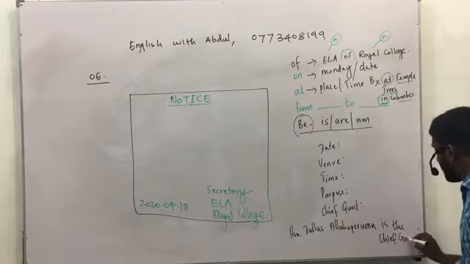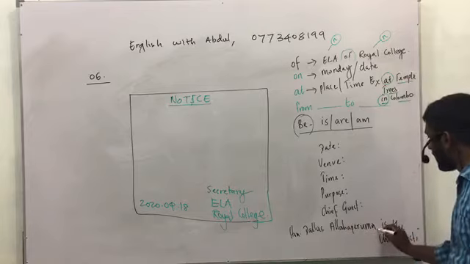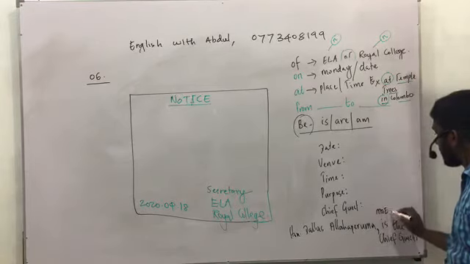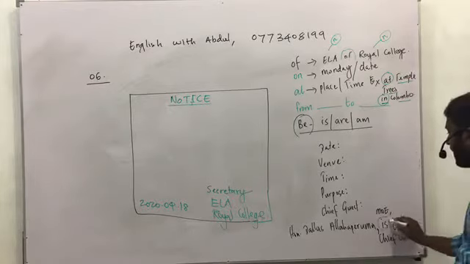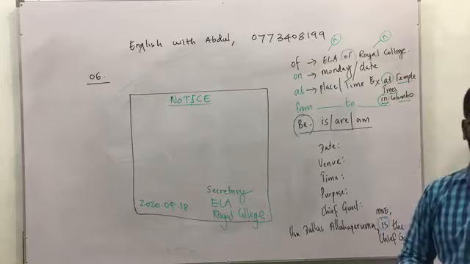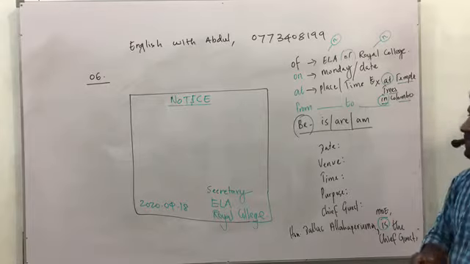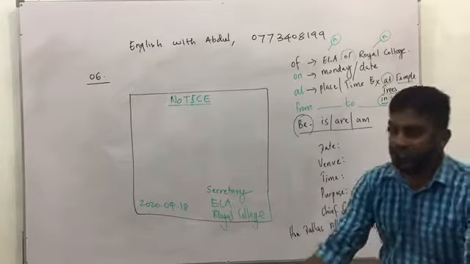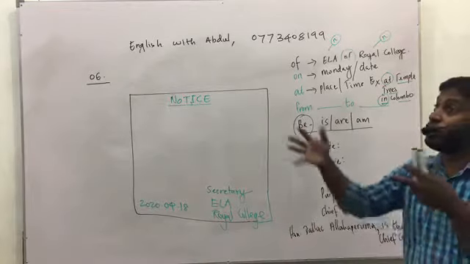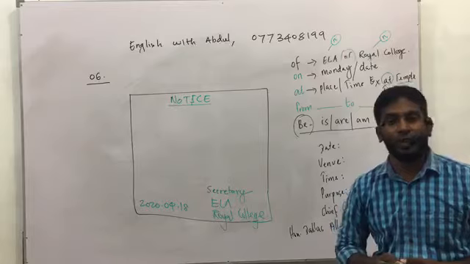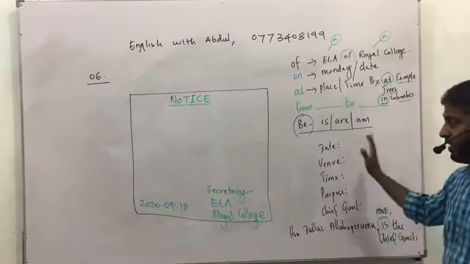Some students asked me, why can't we put "will be"? You have to put "is," because you have decided who is going to be the chief guest for this program. You don't need to predict that he is going to be the chief guest. That's why I am telling you, my dear students, you can use the verb "is" when you write a notice, right?